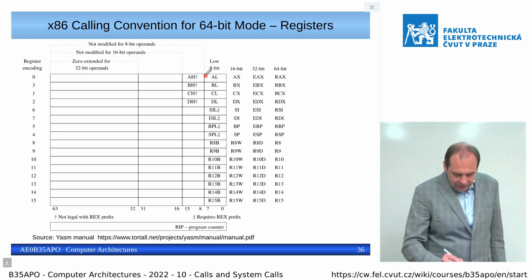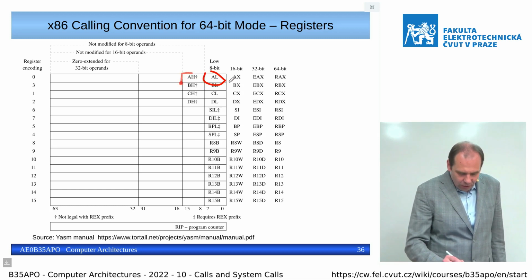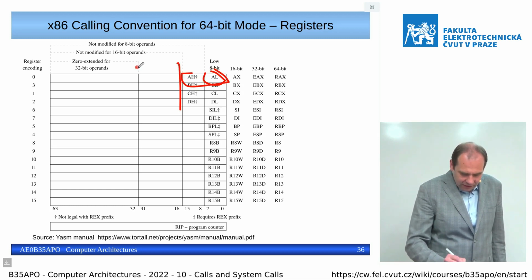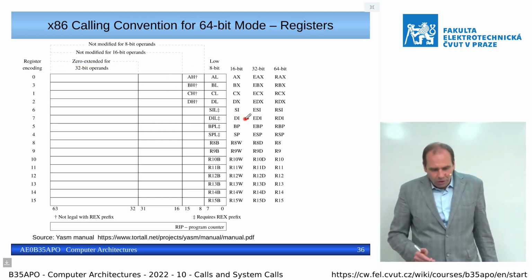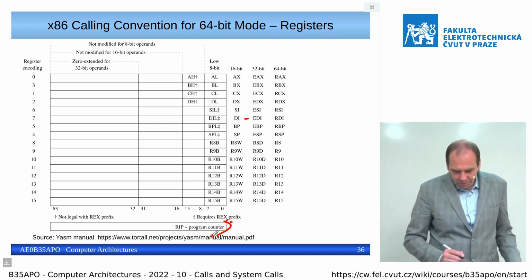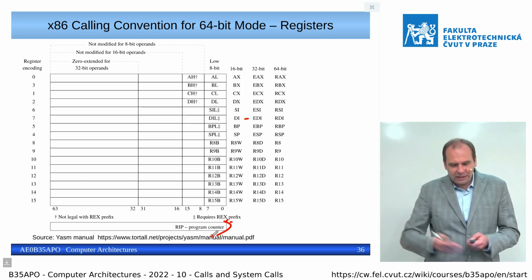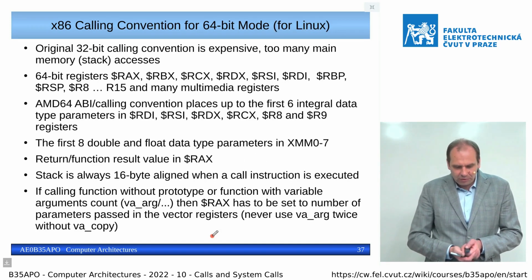On the other hand, if you access a register as 8-bit or 16-bit, the rest of the register up to 64 bits is not modified. It is quite complex because it was added in an attempt to keep compatibility.